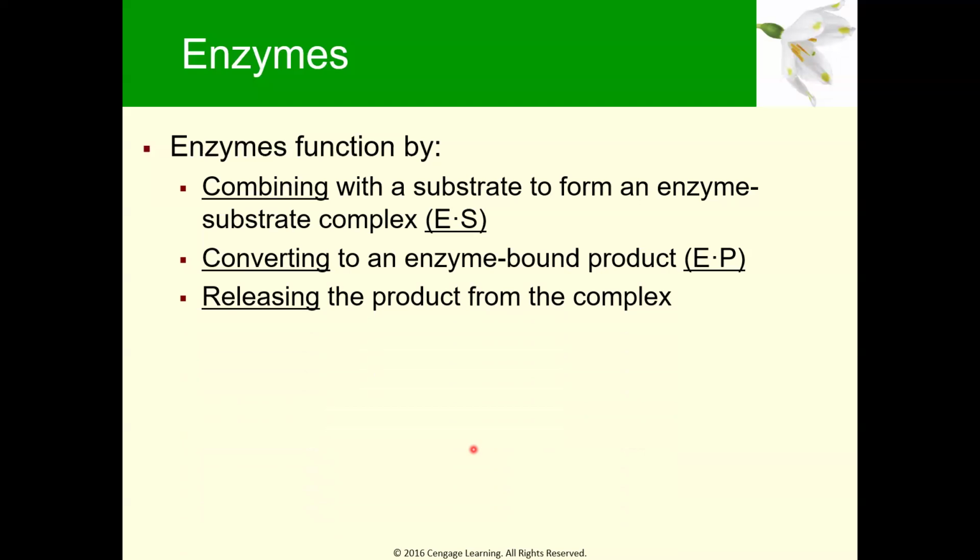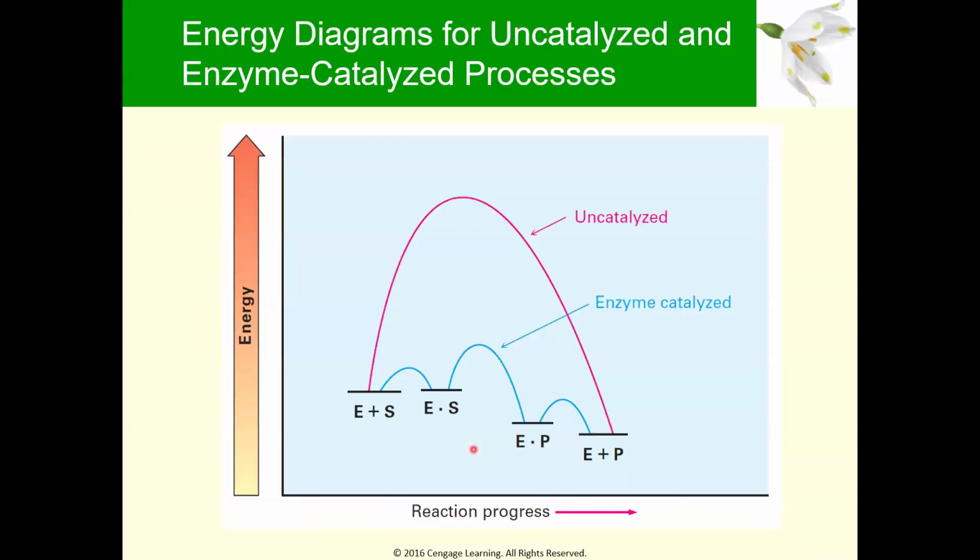So it leaves. It gets released. So it releases the product from the complex, and you have the enzyme regenerated. So you got the enzyme back again, so it can take on another substrate and repeat the process over and over again. Okay, so this is just a diagram that illustrates this.